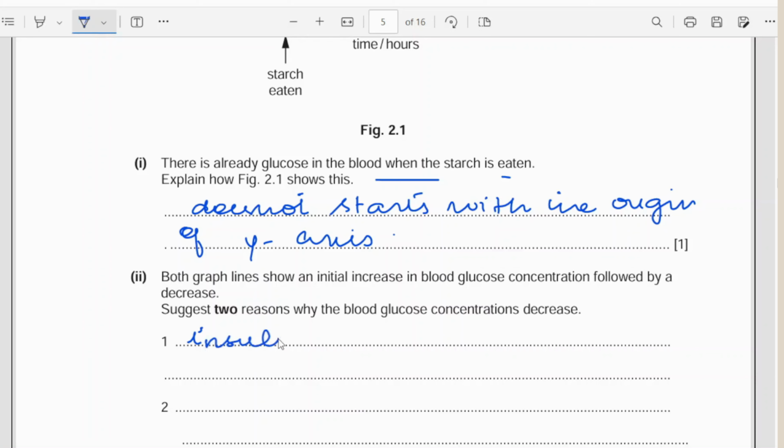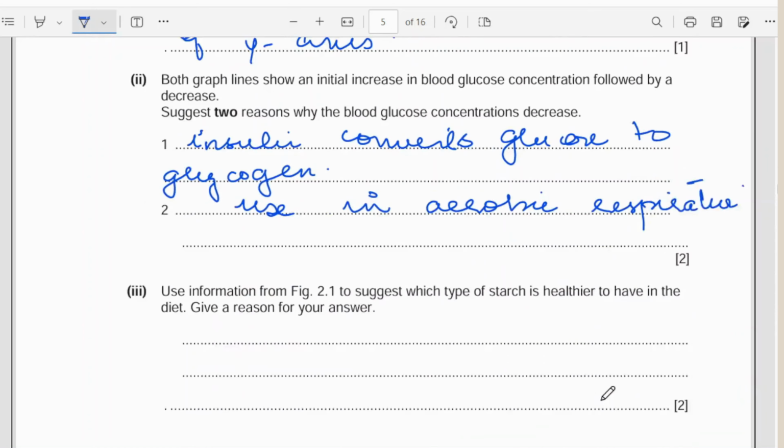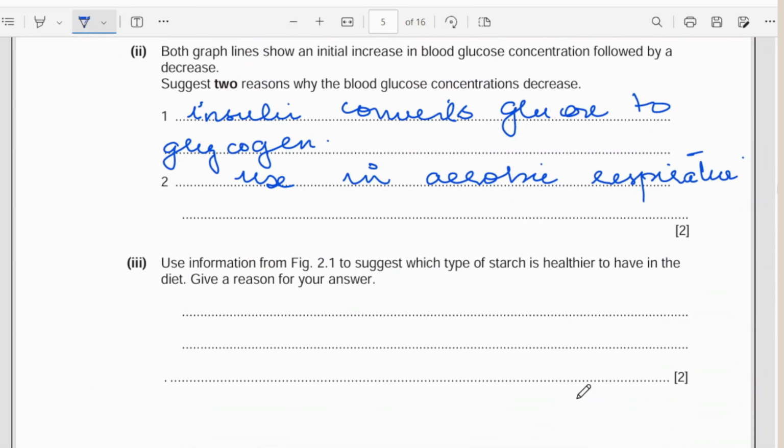Insulin converts glucose to glycogen. Okay, what can be another reason? What is the primary function of glucose in our body? Yes, using aerobic respiration. Maybe we can write respiration as well, but it's okay if you're writing aerobic.